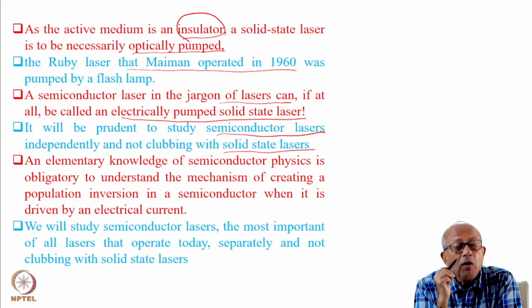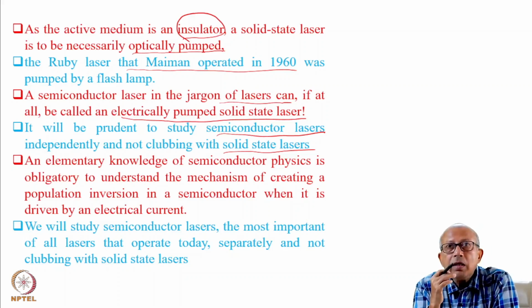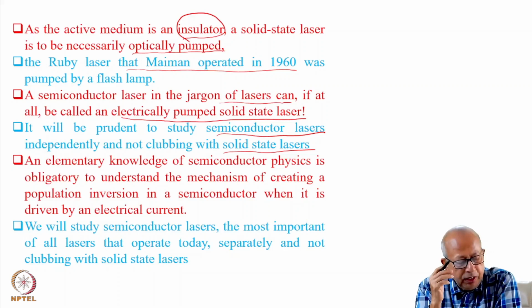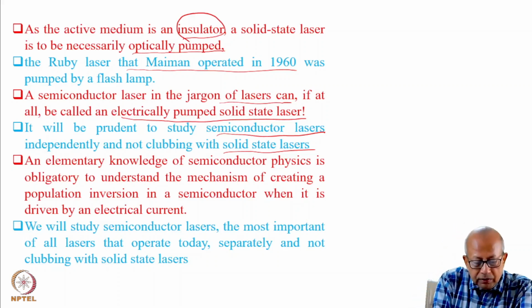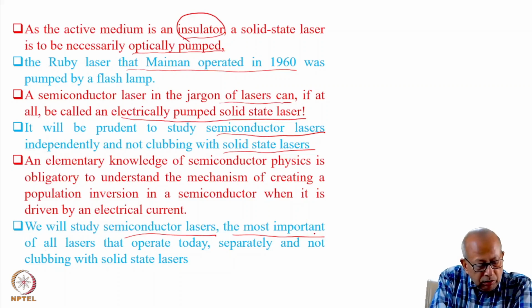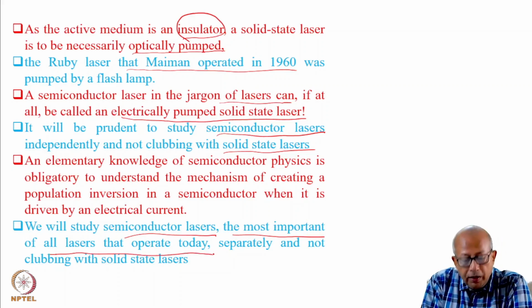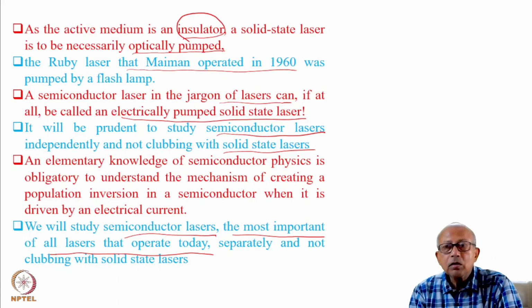An elementary knowledge of semiconductor physics is prerequisite to understand the mechanism of creating a population inversion in a semiconductor when it is driven by electric current. We will therefore study semiconductor laser, the most important of all lasers that operate today, separately, and will not combine it with solid state.